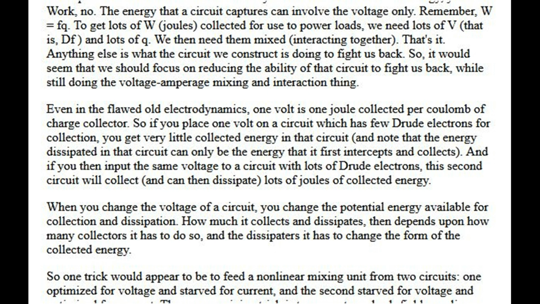When you change the voltage of a circuit, you change the potential energy available for collection and dissipation. How much it collects and dissipates then depends upon how many collectors it has to do so, and the dissipators it has to change the form of the collected energy. So one trick would appear to be to feed a nonlinear mixing unit from two circuits, one optimized for voltage and starved for current, and the second starved for voltage and optimized for current.